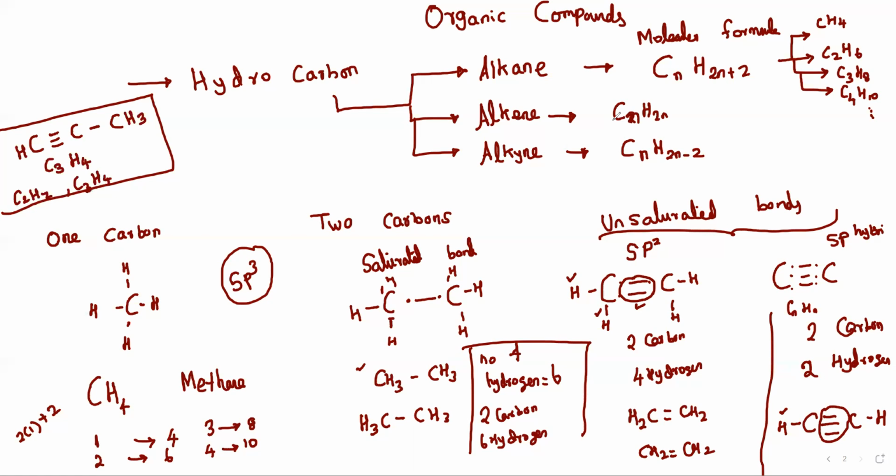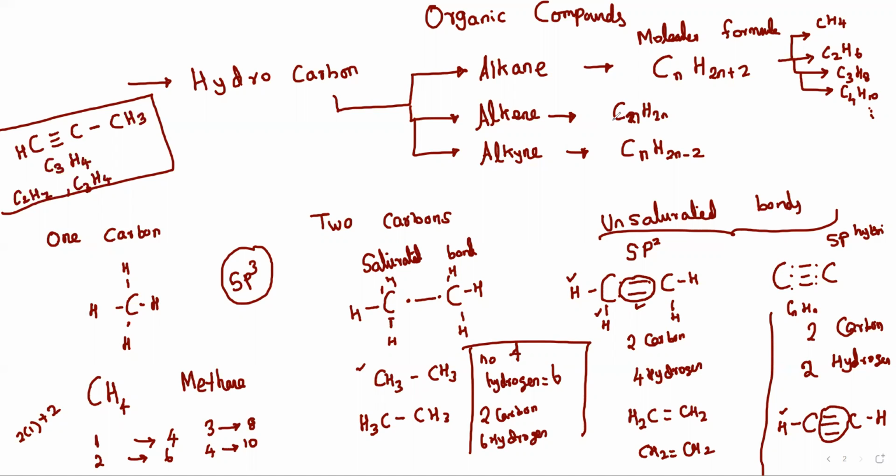Now we are going to write some bonds in 4 to 5 carbons in alkane type, alkene type and alkyne type. Now we are discussing organic compounds that are in chain structure.